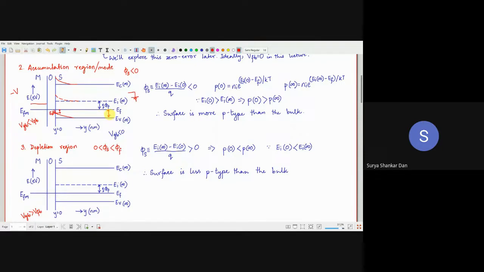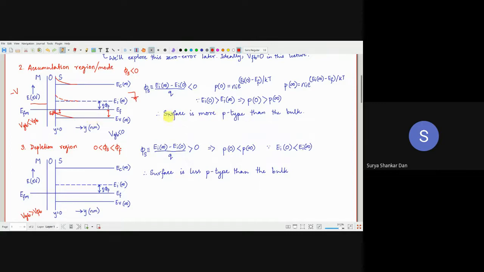Great, no? So in fact, I am so happy that Aviral came up with the question. So all of you start asking the question. So now what we understand is that, in fact, this is clear. Now the moment I drew this, Aviral is very clear now. तो यानी कि holes अगर ज़्यादा आ रहा है surface पे, then clearly we can understand that the surface is more p-type than the bulk.